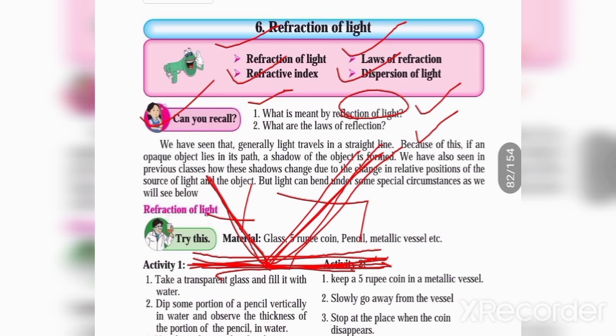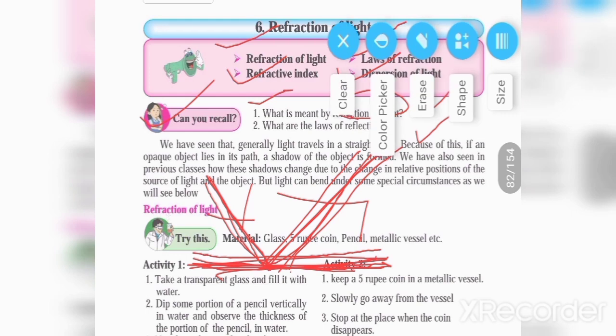That means the return of light from the surface: this light is incident on that surface and returns back. That is the reflection of light.